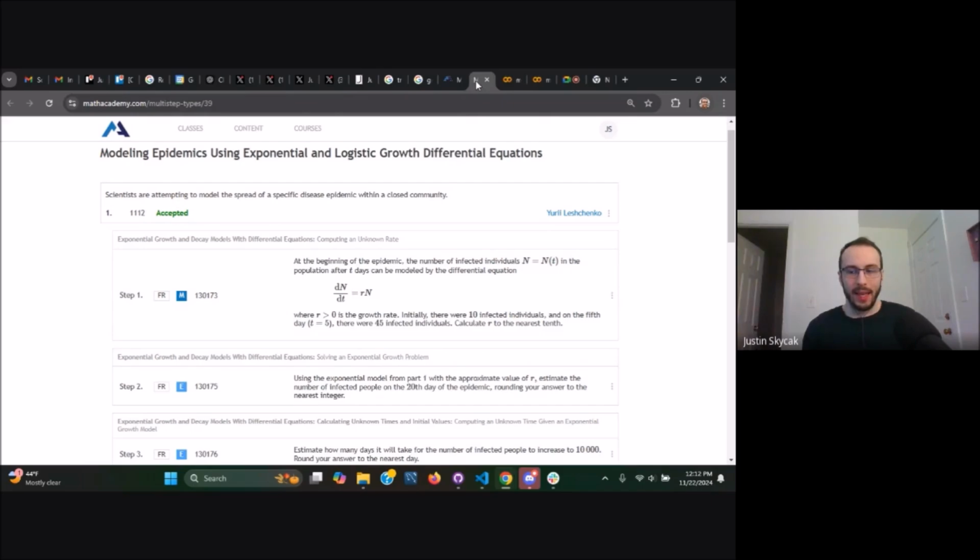Originally, the way we started out having multi-steps in the system is we first created them just to emulate these AP Calculus BC questions.